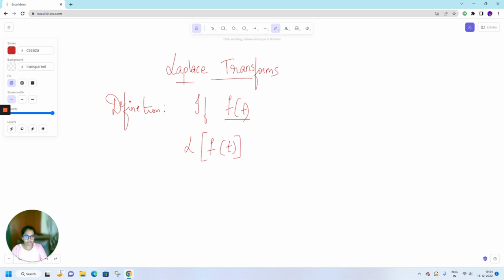Laplace of f of t is equal to the integral from t equal to 0 to infinity of e to the power minus st f of t into dt. So this is the definition of Laplace transform.